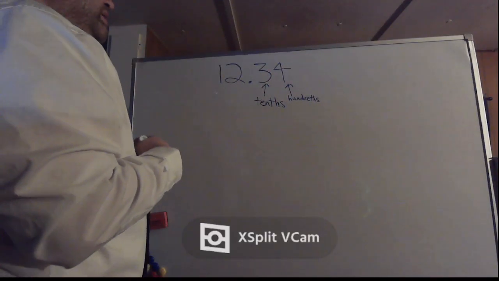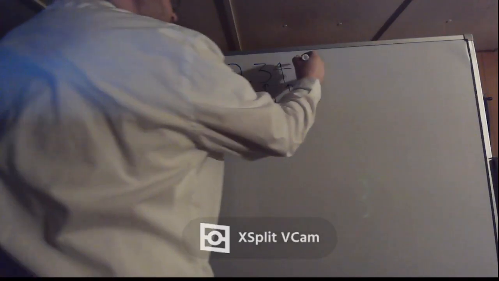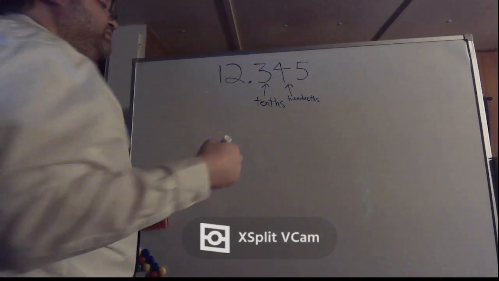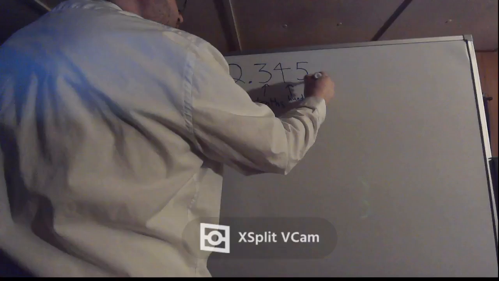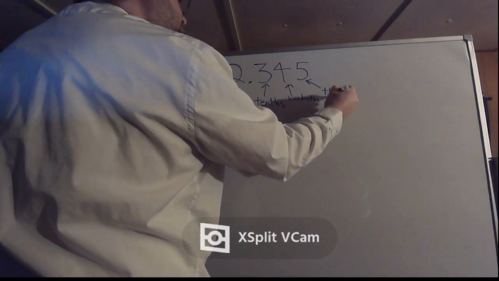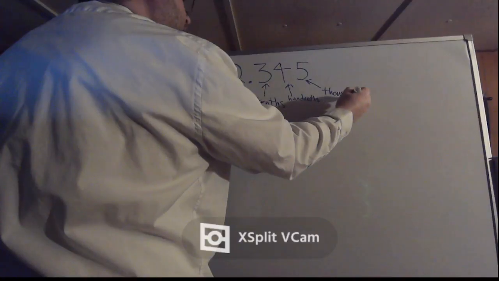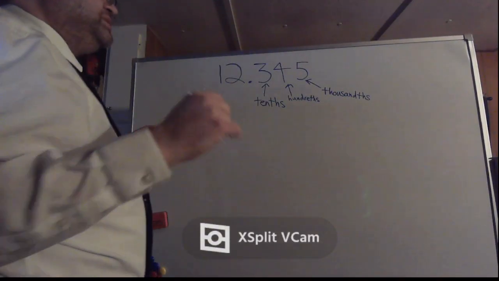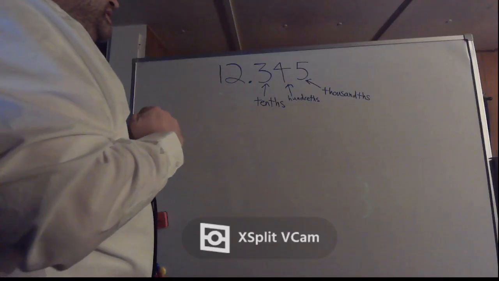And if I put another decimal place, a 5 next to that 4, I'll have it in the thousandths place. That's the thousandths place, not the same as a thousands place.